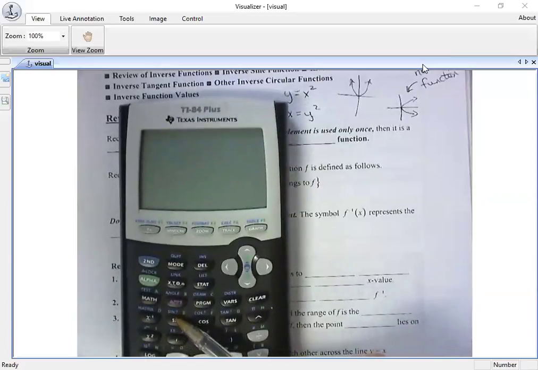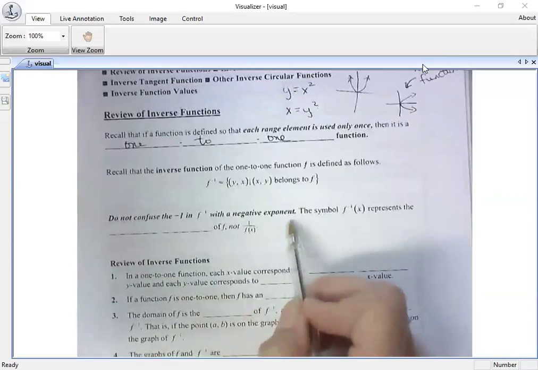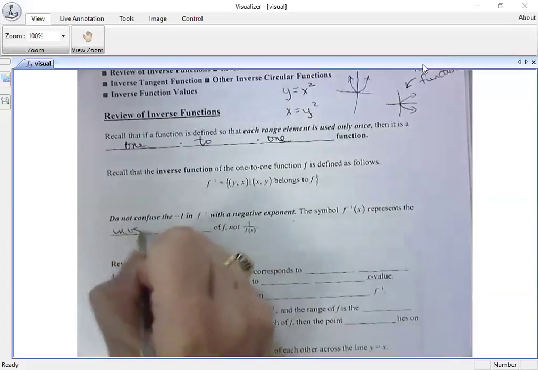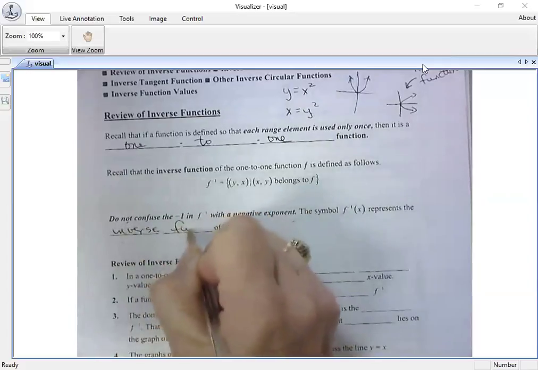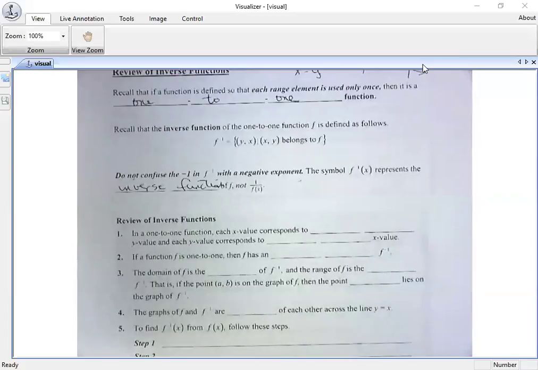That's not saying that you're raising sine to the -1 power. That's saying that's the inverse sine, or the angle whose sine measure is whatever. So this is just reminding you it's not a negative exponent. Instead, it represents the inverse function. But it's not 1 over the function. Those are different things, okay?